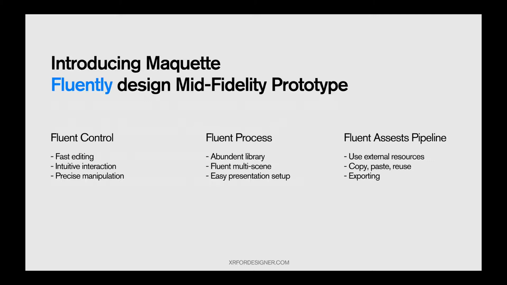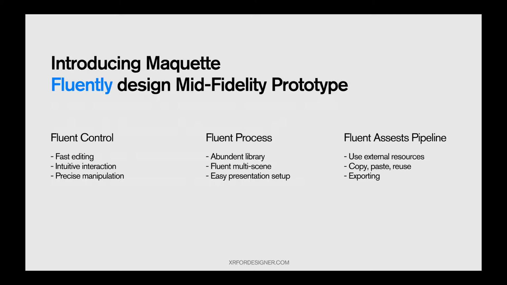Remember, we were talking about low-fidelity, mid-fidelity, and high-fidelity prototyping for XR design? Maquette is an amazing tool for mid-fidelity prototypes, the kind of prototype where you test basic visual ideas, laying out the ground, just making everything a little bit more official, but not too much.